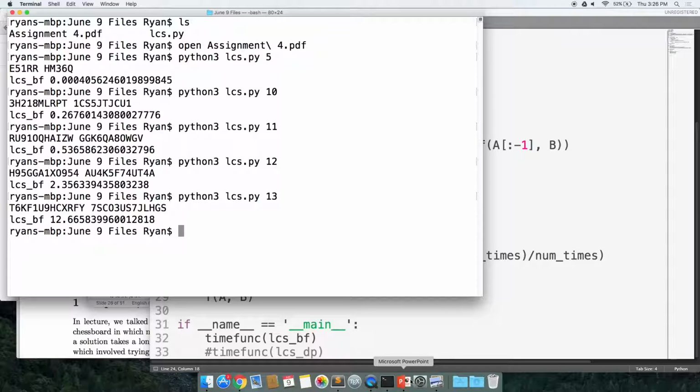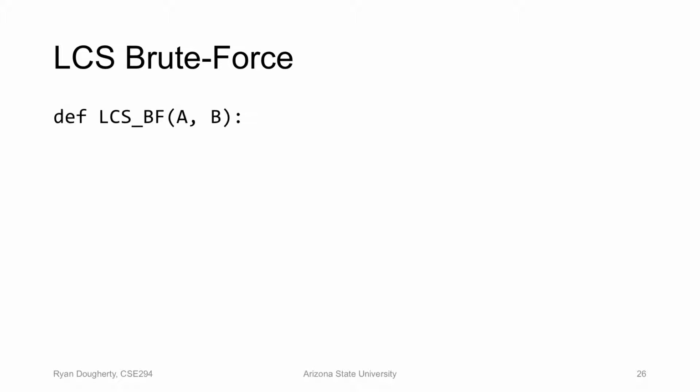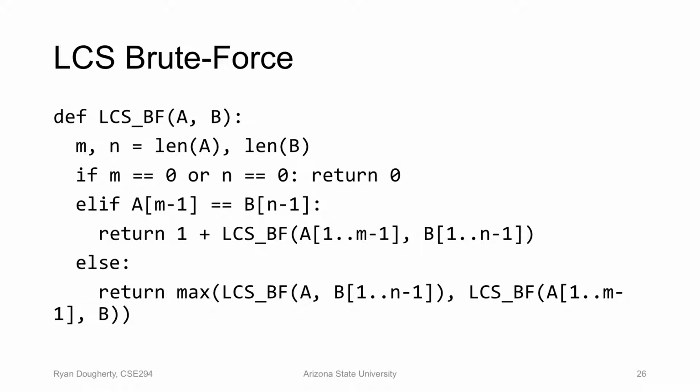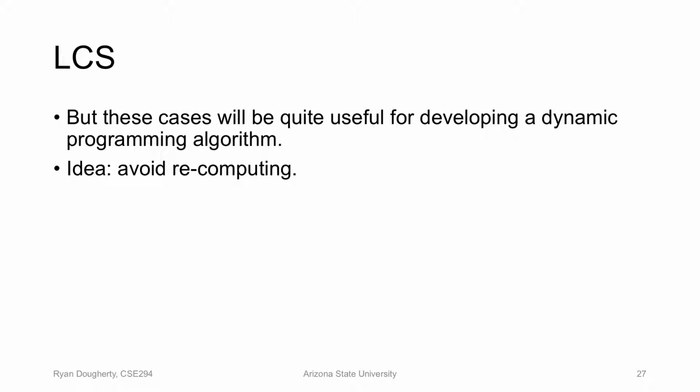So now we're going to see how to implement this in a dynamic programming way. So this is our brute force algorithm. But the thing here is that these 3 cases of checking whether either the length is 0, or that the last character is the same, or otherwise, those 3 cases will actually be helpful in developing our dynamic programming algorithm.